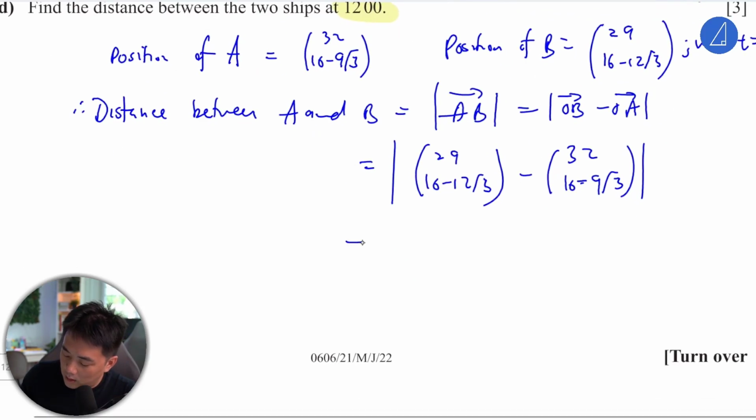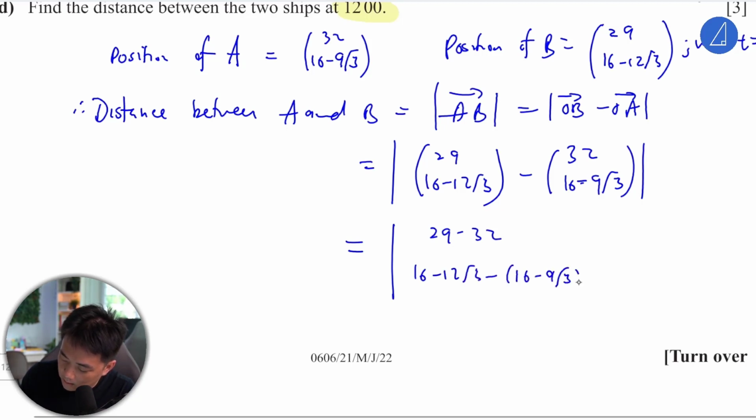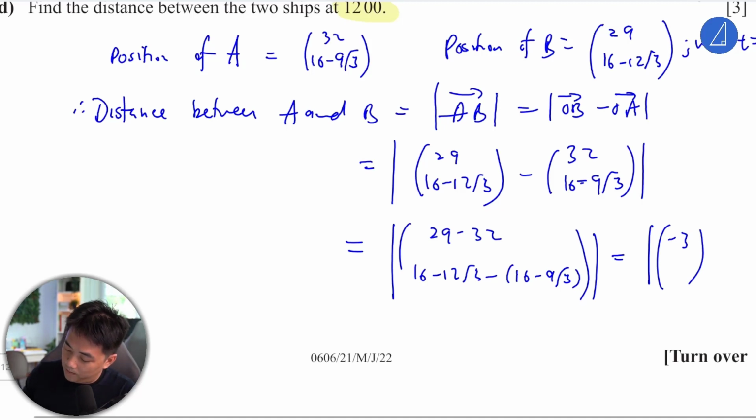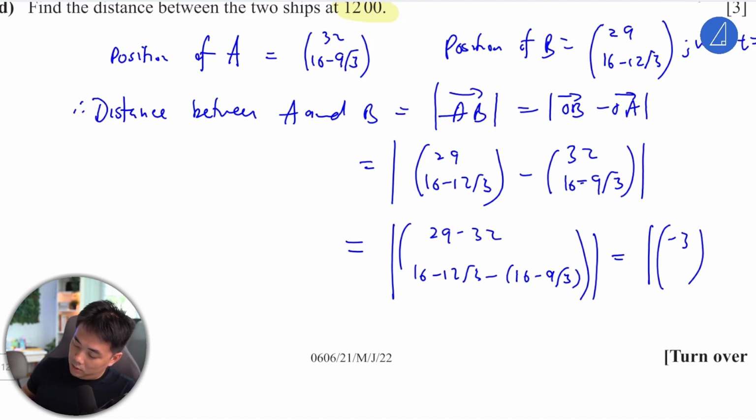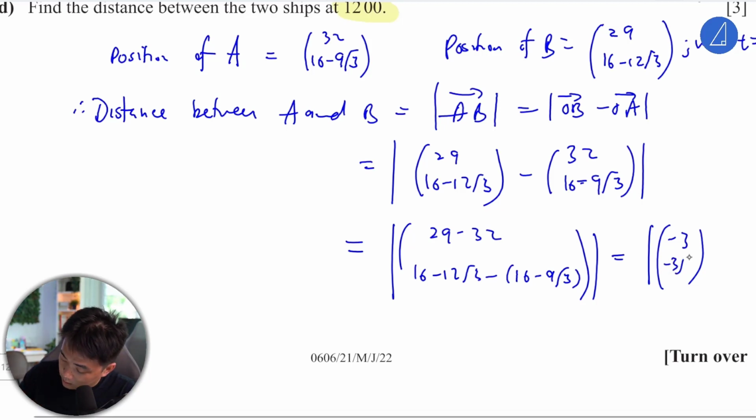That will be 29 minus 32, and 16 minus 12 root 3 minus 16 minus 9 root 3. So 29 minus 32 is negative 3. Then 16, negative 12 plus 9 will be negative 3 root 3.